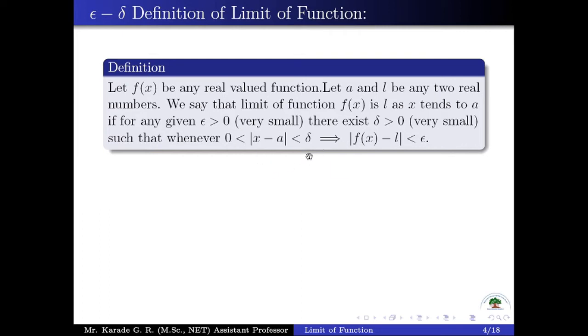So here also we have to define limit of a function L as x tends to A. So when we say that, see here, geometrically, what is the meaning of this term?